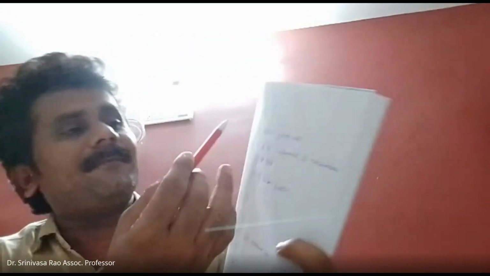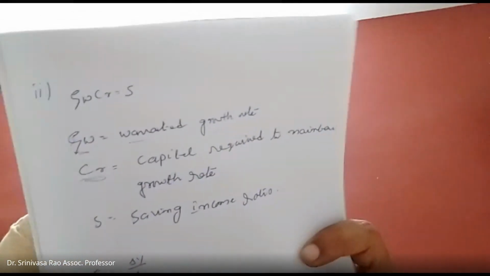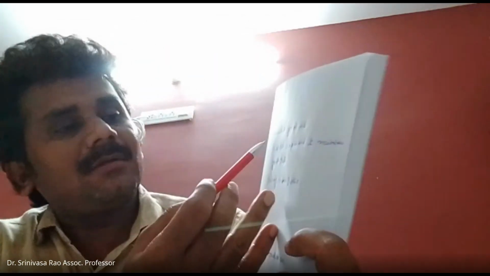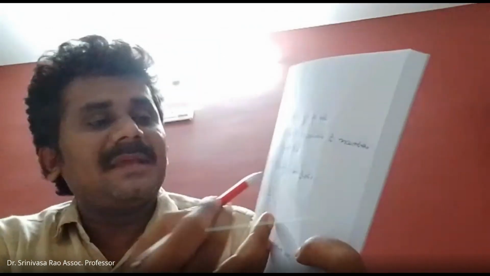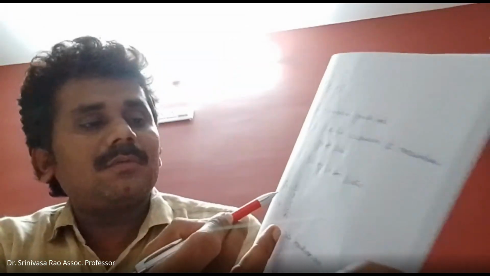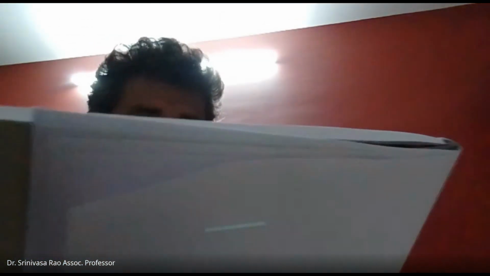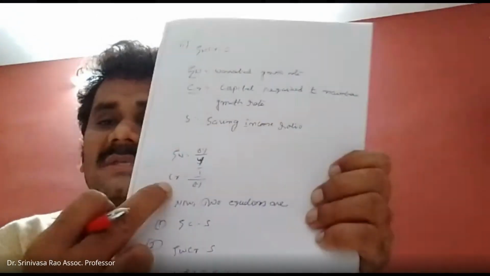This is the original one. GW CR is equal to S. We have already written warranted growth rate, capital required to maintain growth rate, and saving income ratio. GW is delta Y by Y, and CR is equal to I by delta Y.